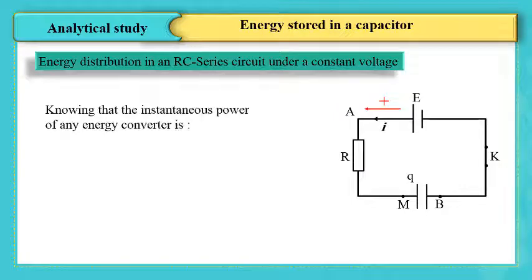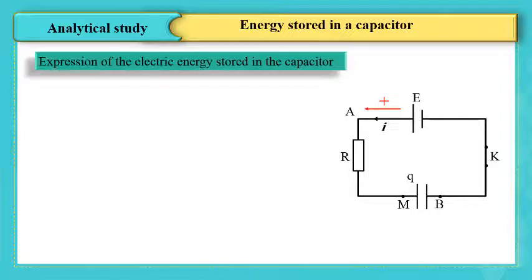Knowing that the instantaneous power of any energy converter is P equal to the derivative of the energy with respect to time. Expression of the electric energy stored in the capacitor.